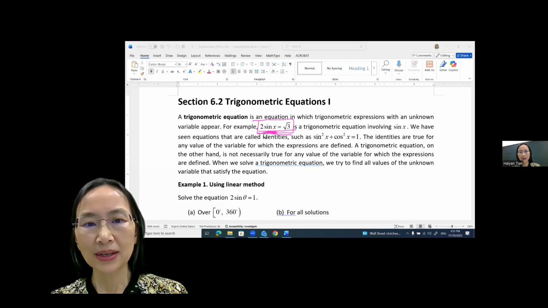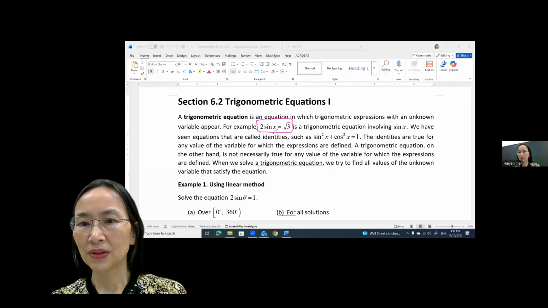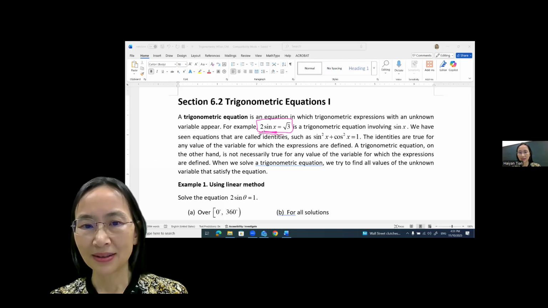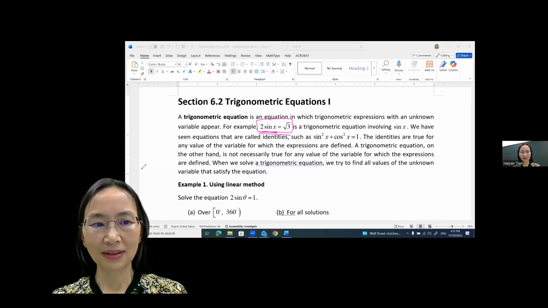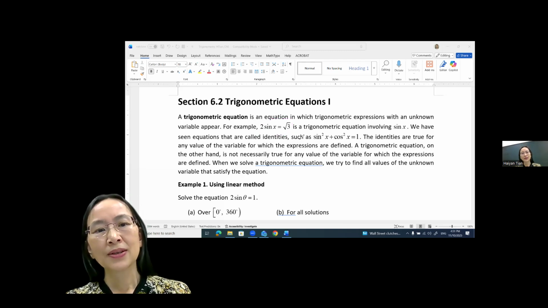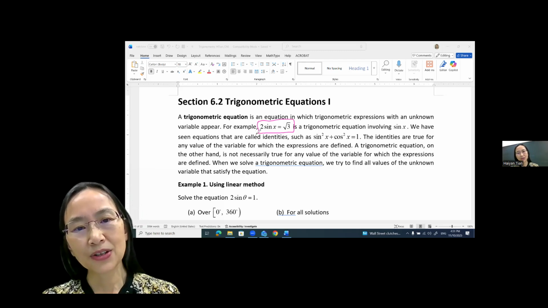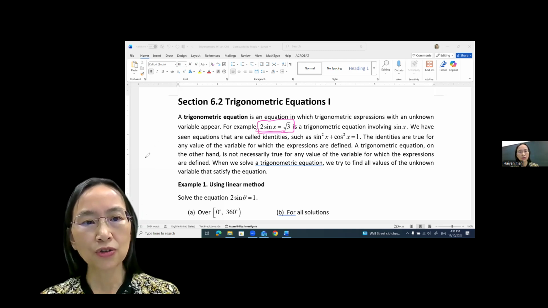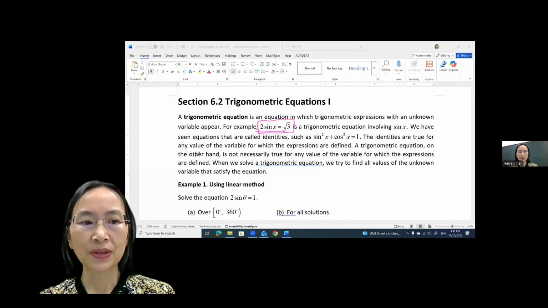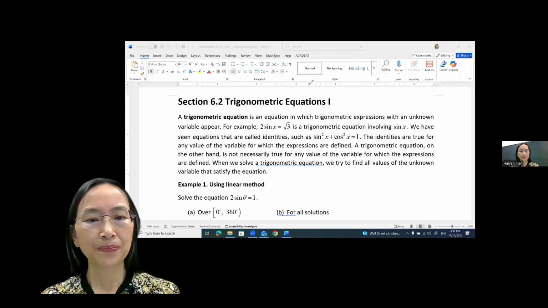So this one is an equation: we want to decide what values of x will make this equation true. You are looking at this as a trigonometric equation because it involves a trigonometric function.